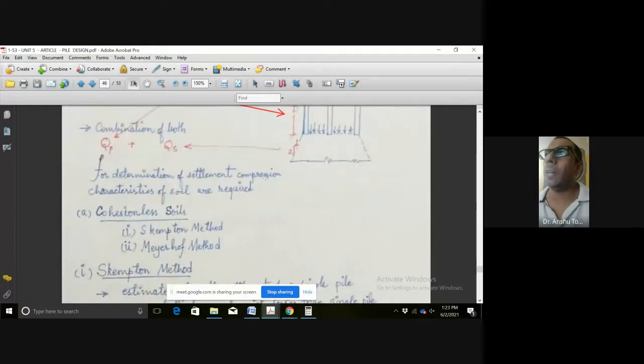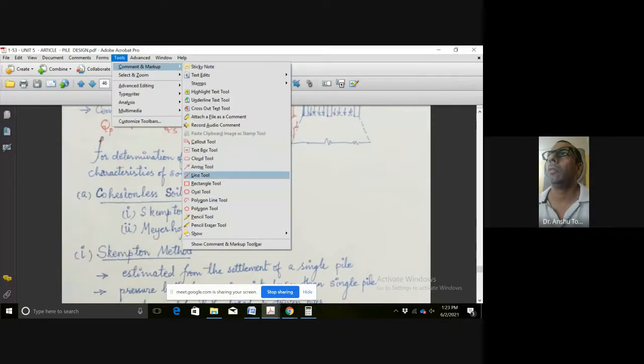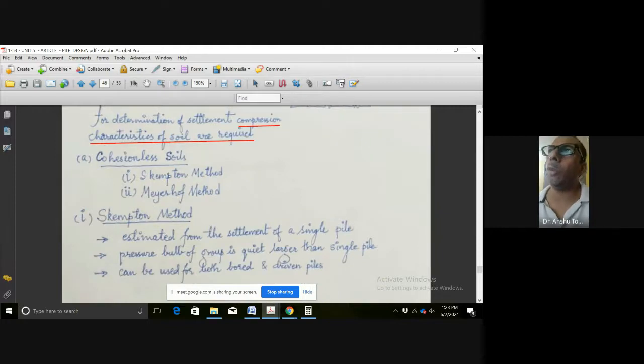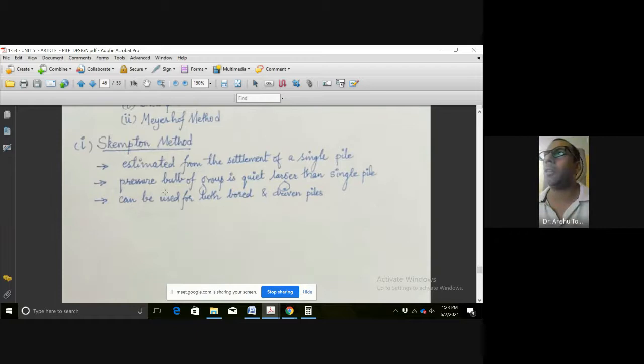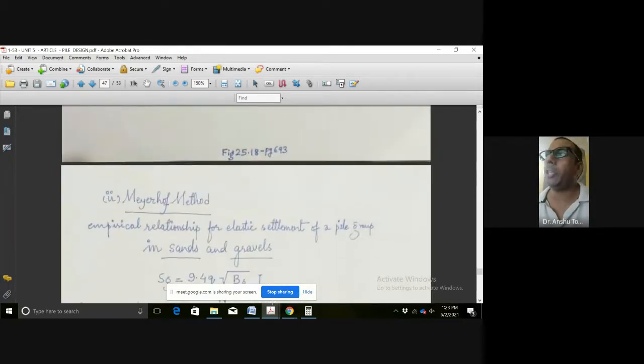For determination of settlement, compression characteristics of soil are required. For cohesionless soils, Compton's method and Meyerhof's method have been suggested. For Compton's method, I have referred to a particular page.